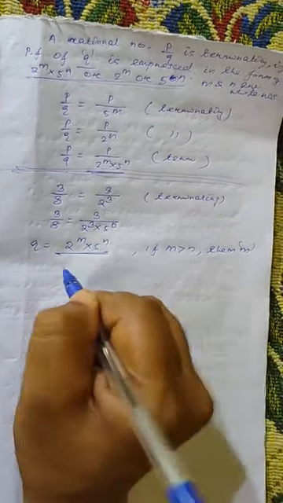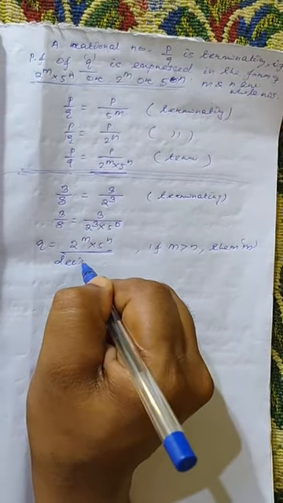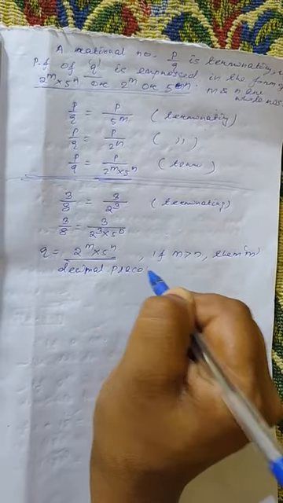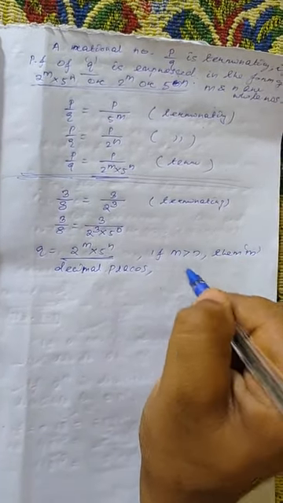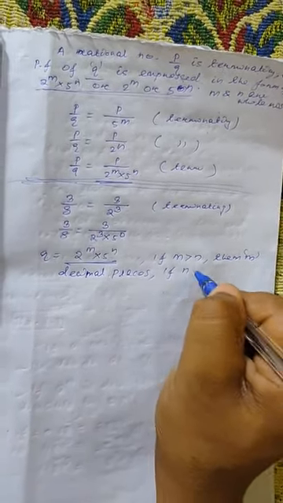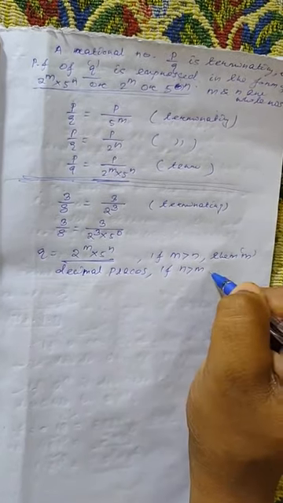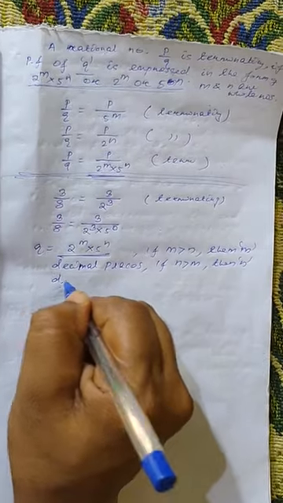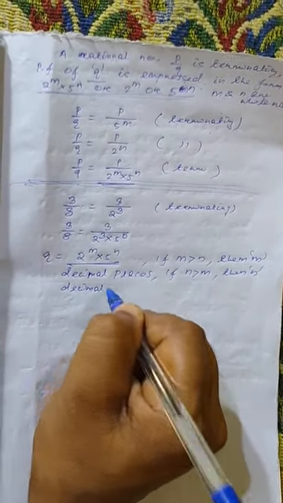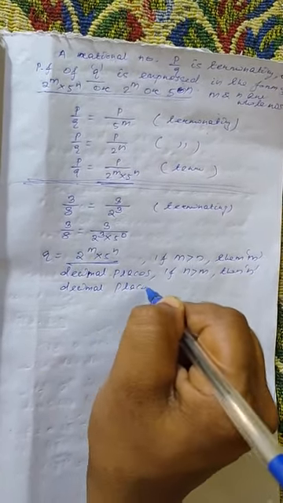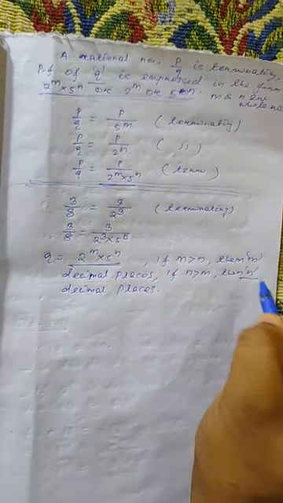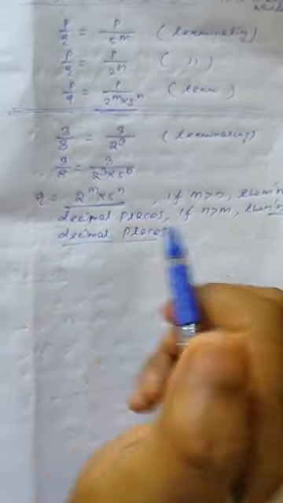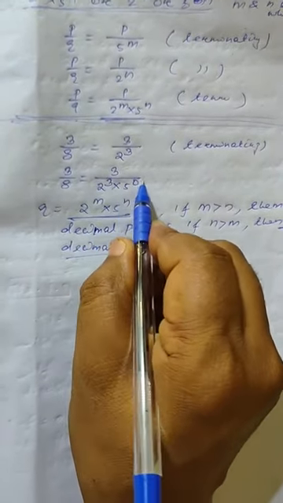it has m decimal places. And if n is greater than m, then it has n decimal places. After n decimal places, it will terminate. See here: 2 to the power 3, 5 to the power 0.